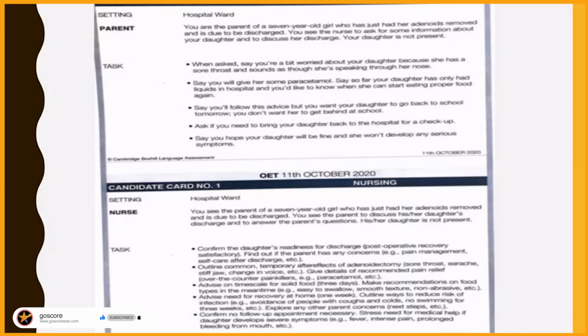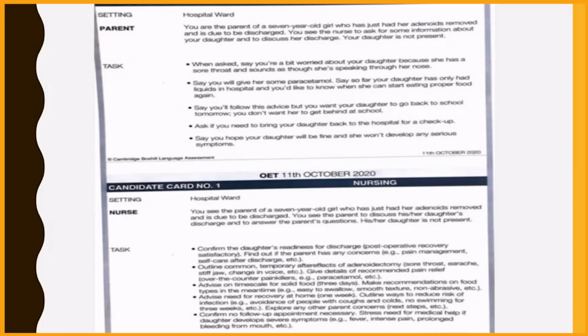You said that your daughter has a sore throat and change in voice, isn't it? Let me explain. Some of the common temporary after effects of adenoidectomy are, use the bracket, sore throat, earache, and change in voice. They are temporary, and there is absolutely nothing to be overly concerned about.